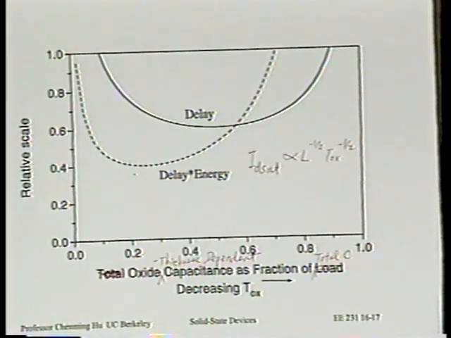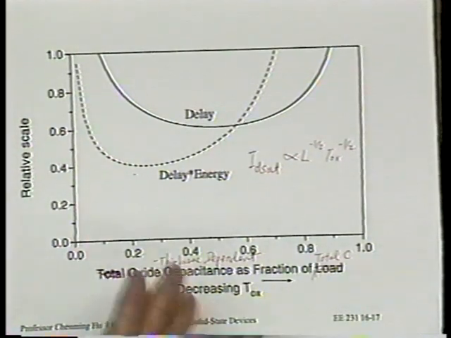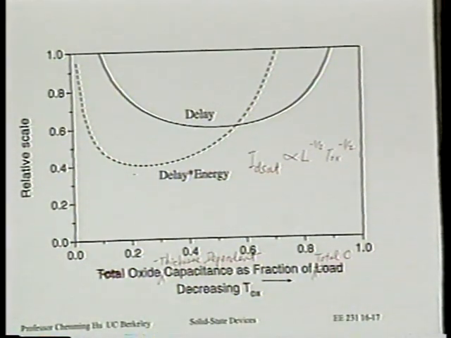So in a heavily interconnect loaded circuit, you want to use thin oxide. And if there's very little interconnect loading, just junction capacitance is the only oxide-independent capacitance, you're going to use thicker oxide. Unfortunately, the technology today doesn't give you that choice, by the way.